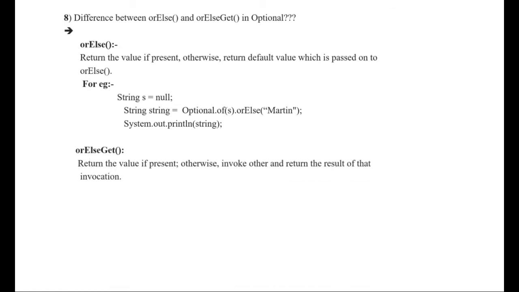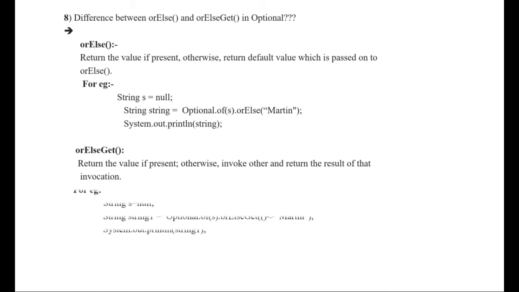In orElseGet, if the optional has a value, then it will return that value. Otherwise, it will invoke the orElseGet method, and it will return the result of that invocation.